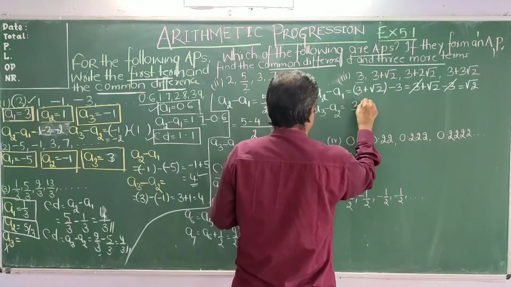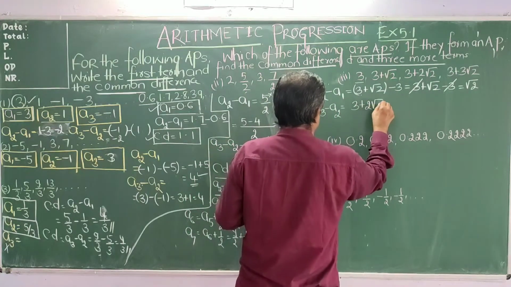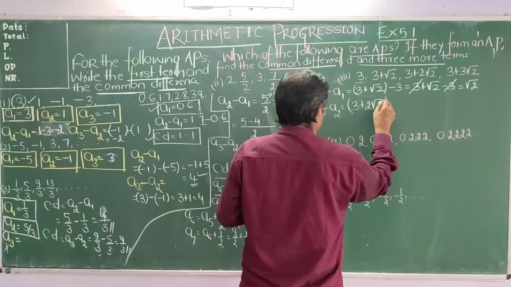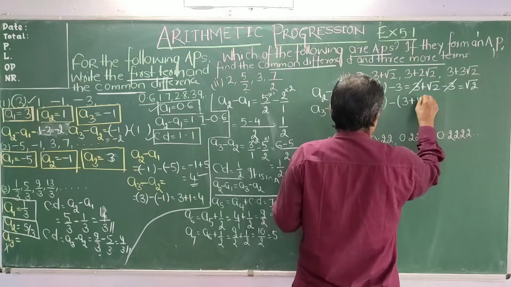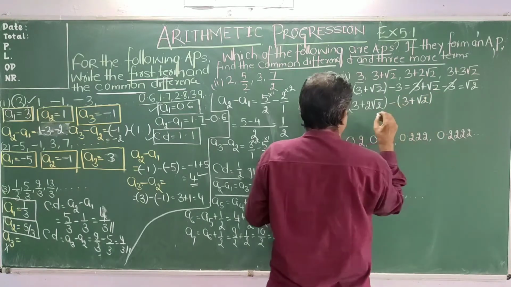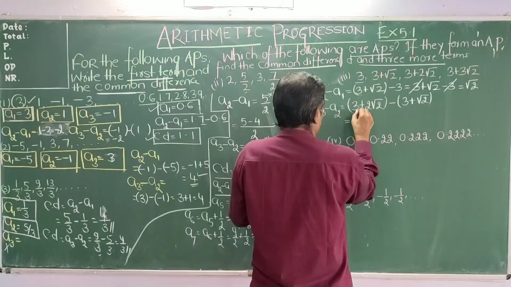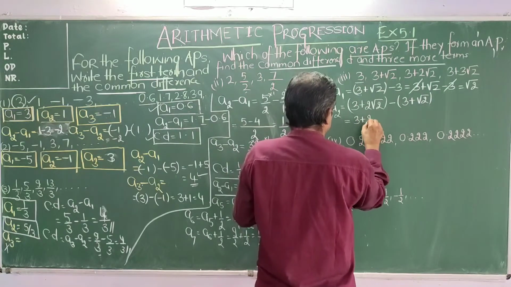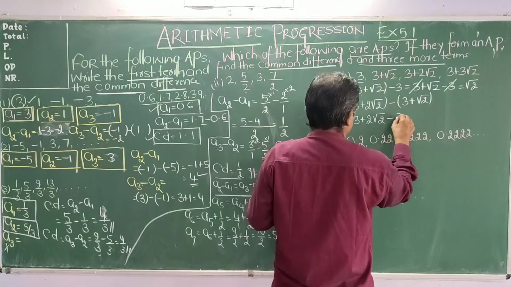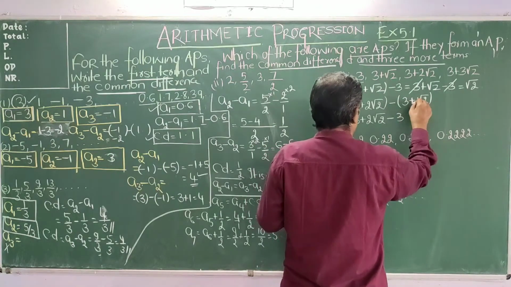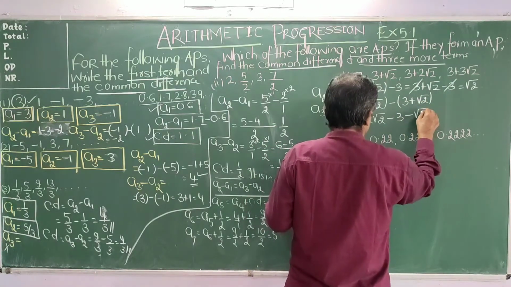Third term is 3 plus 2 root 2, minus 3 plus root 2. So 3 plus 2 root 2, minus of plus is minus, and minus of plus is again minus.